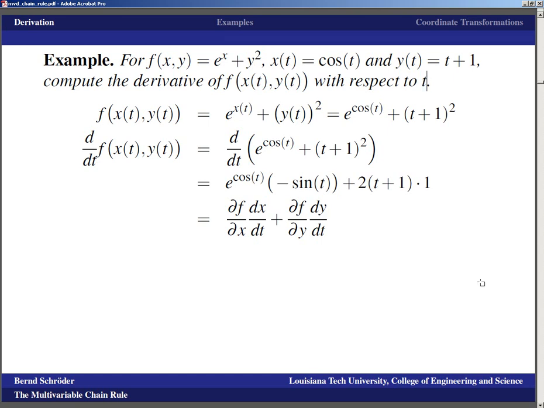Okay, something else that we need to get used to here is, as we are looking at functions of multiple variables, it'll be more and more common that we don't write down the arguments because it's simply too much to write.